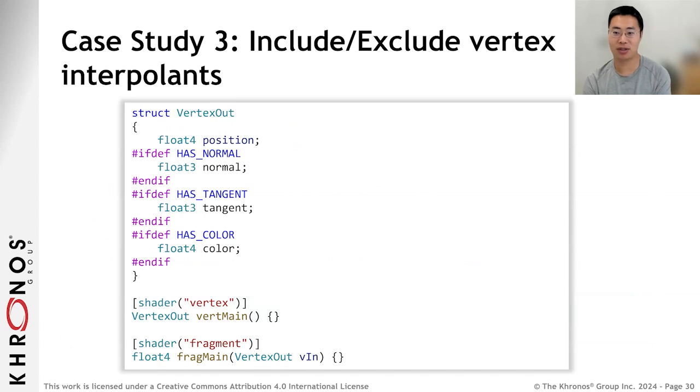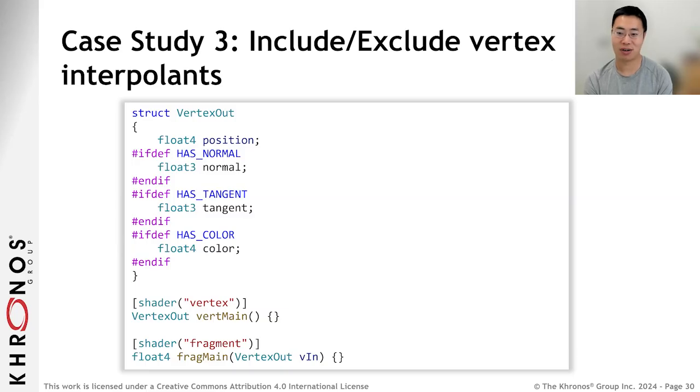So let's look into one more case here. Here, we want to specialize our shader to different sets of vertex interpolants. The context here is that some platforms are performance sensitive to the number of vertex interpolants that get passed between vertex and fragment stages.